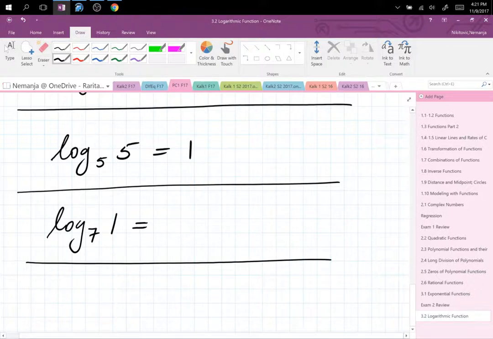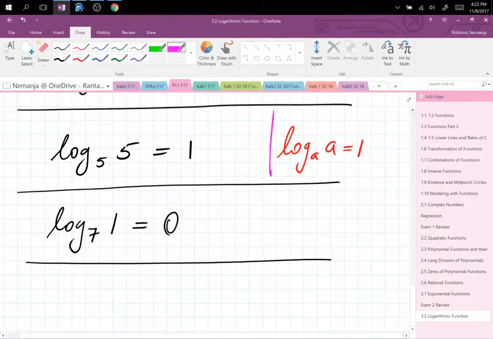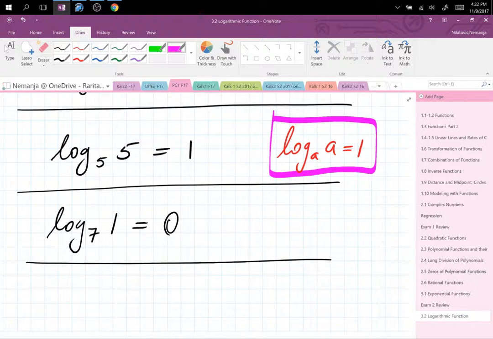What do we get for the second one? 0. I call these cute rules. Here they are in red. Log A of A is always 1. If the numbers are the same, it's always 1. So what's log 10 of 10? What's log E of E? 1. What's log pi of pi? Right? So if the base and the number match, the answer is 1.